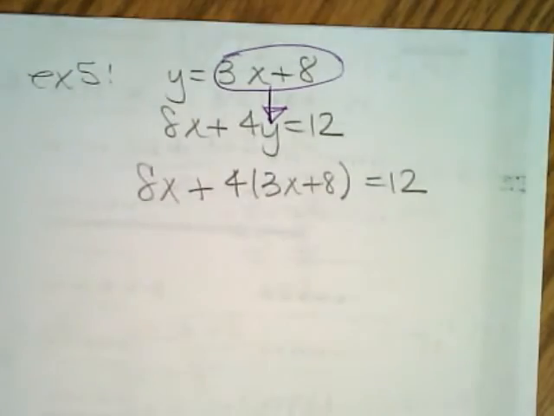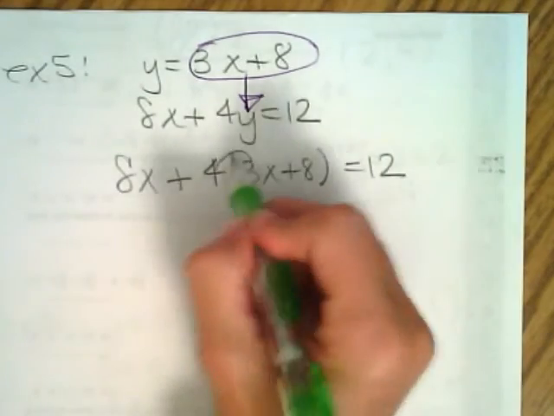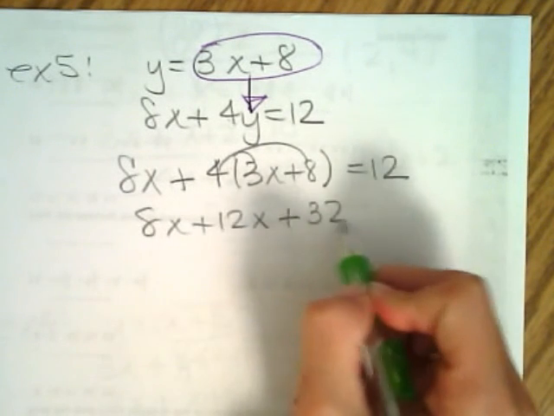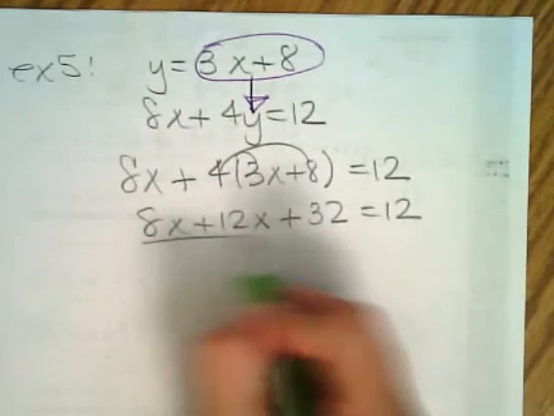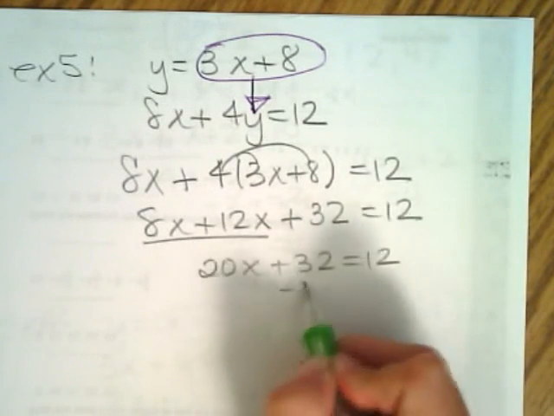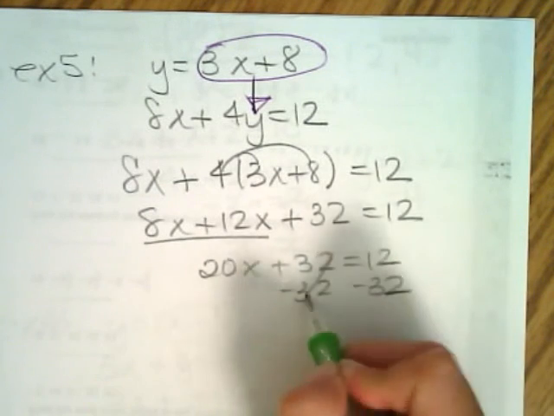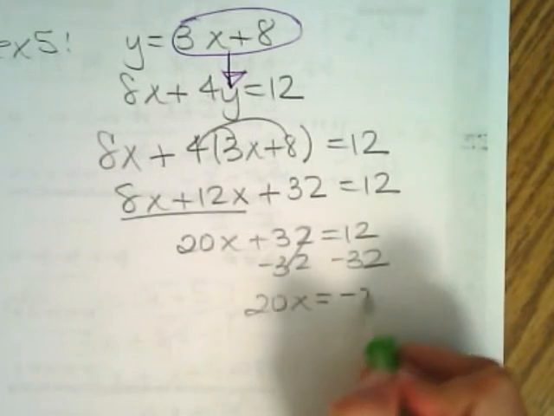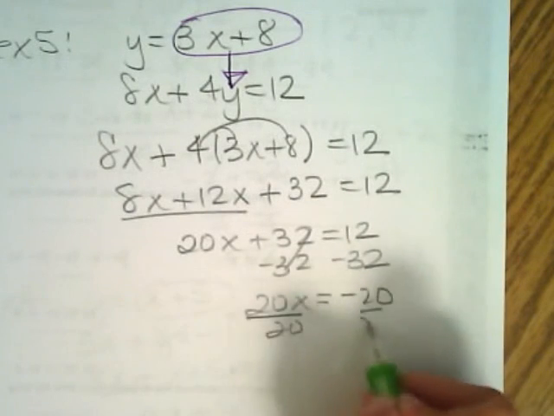And now, again, this is just a multi-step equation. Distribute. Collect like terms. And then get rid of 32. When I subtract, I get a negative 20. Divide by 20.